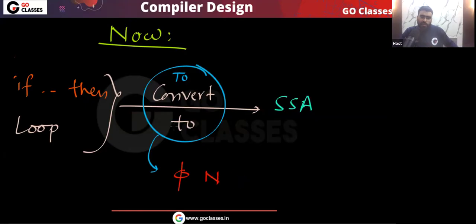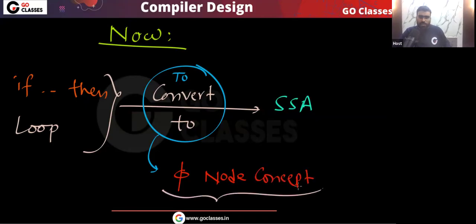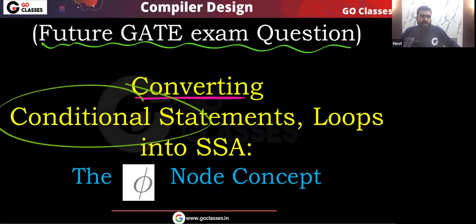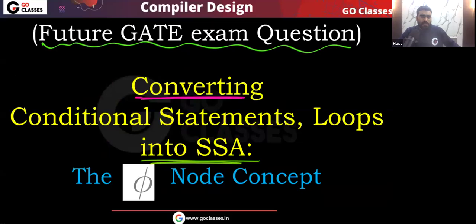It will become your favorite, don't worry. It is a very interesting concept. So remember, conversion of conditional statements and loops into SSA uses the Phi node concept.